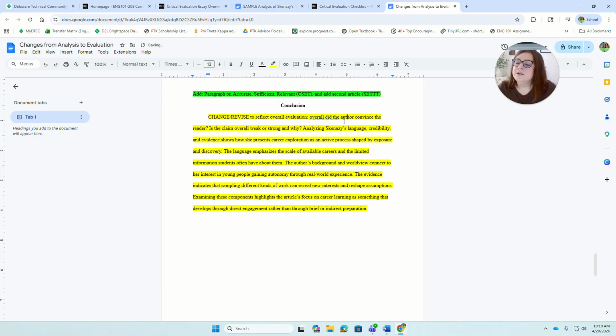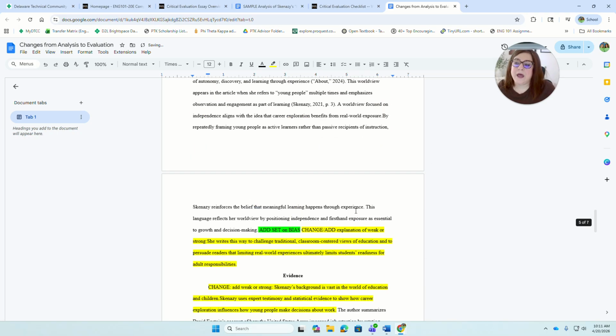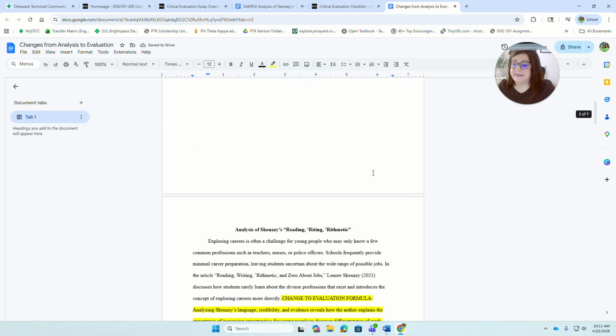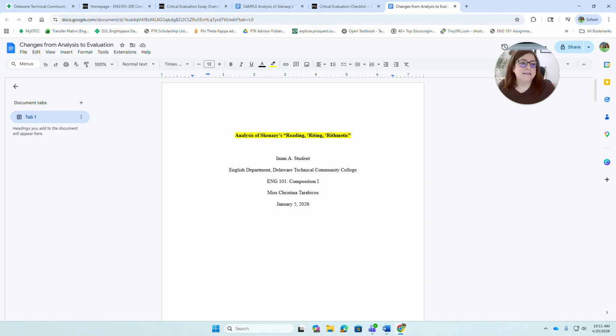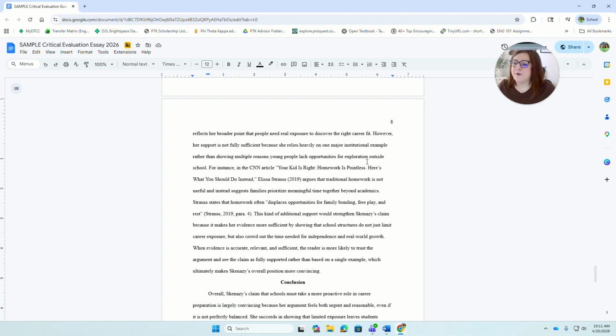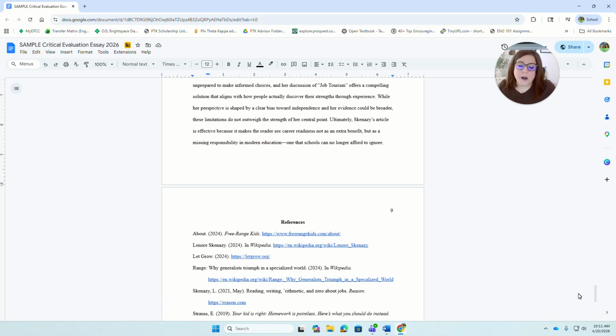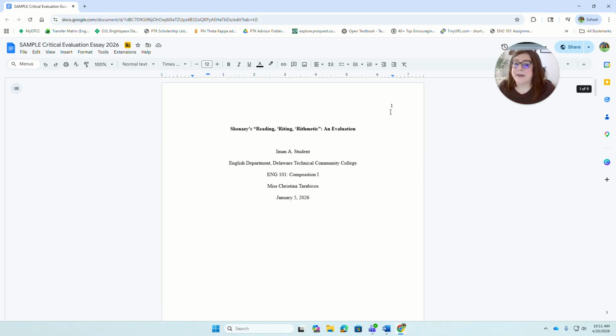Okay? So essentially, this is what we're looking at when we go from your analysis to evaluation. What I would highly recommend doing is putting them side by side, even on the computer screen like I just did, to see how the different areas change. Maybe annotate or highlight your own samples to make sure you can see where things are.